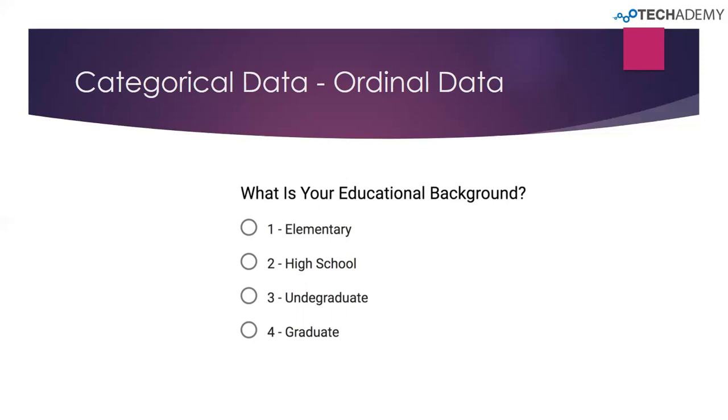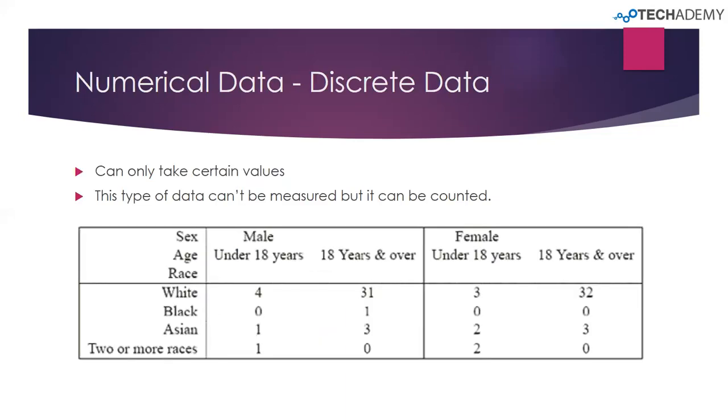So you can see that these values have some order to them. Otherwise it is just categorical data. Different categories are there, but in addition it has values which have a logical order to them.